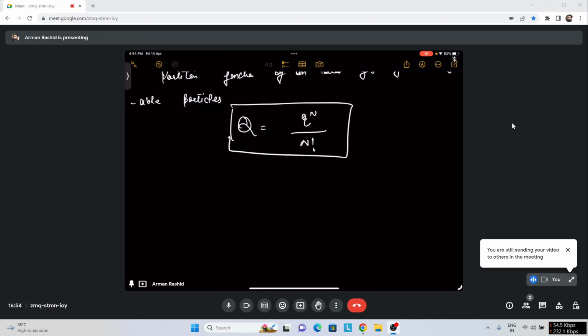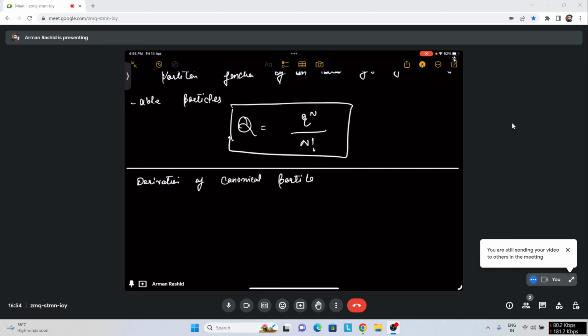Now what we will do is derive the canonical partition function. There are actually multiple ways to derive the partition function.